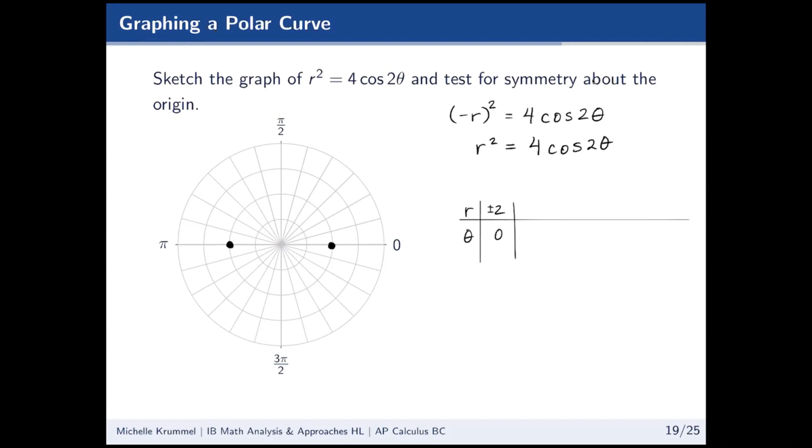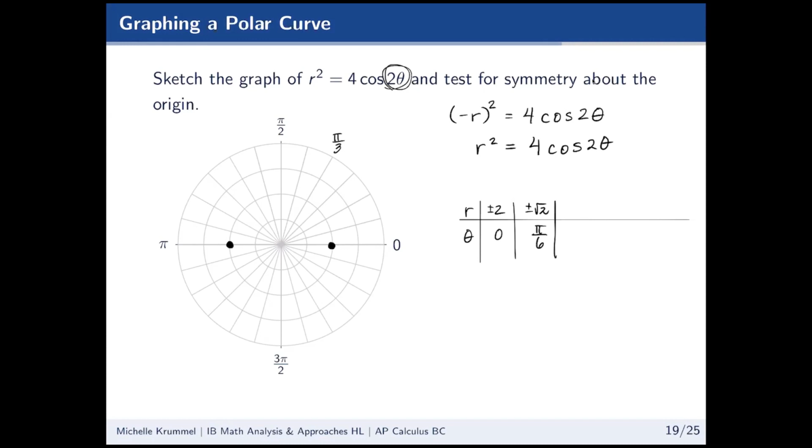It's easy to take the cosine of pi over 3, but we're actually taking the cosine of twice our angle. So I want to divide pi over 3 by 2, which gives me pi over 6, to get something that's easy to substitute in for theta. So we'll substitute pi over 6. When we multiply it by 2, it becomes pi over 3. The cosine of pi over 3 is 1/2. We multiply that by 4, we get 2. So r squared equals 2, then r equals plus or minus the square root of 2.